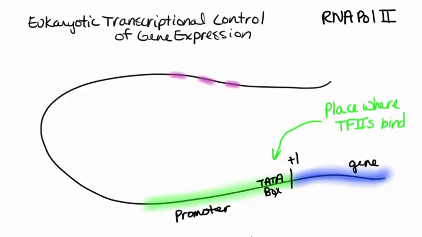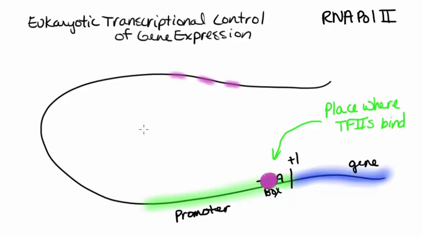And so transcription factors II are small proteins that are going to help both identify promoters and also recruit RNA polymerase to the promoter area. And that TATA box is the first place that they bind. So if we talk about that a little bit more, the very first transcription factor that's going to bind is what we call transcription factor IID.